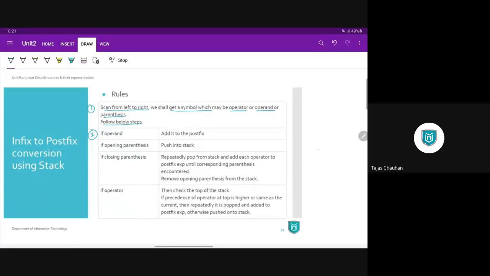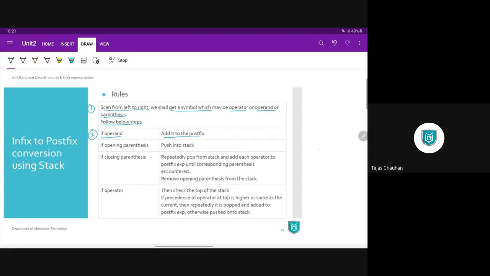If it is an operand, okay, then you do nothing, you simply add it to the postfix answer, append it. If it is an operand, you simply append that operand to your postfix answer. That's it.